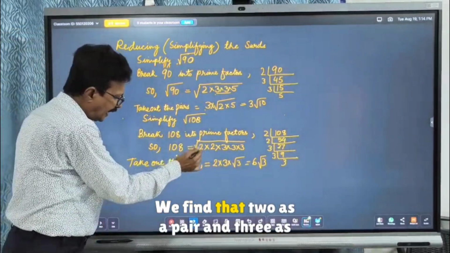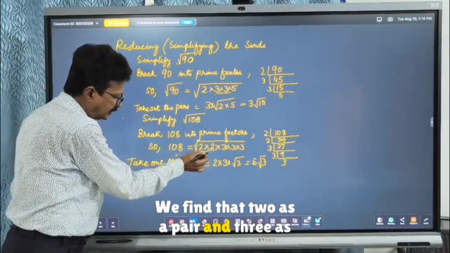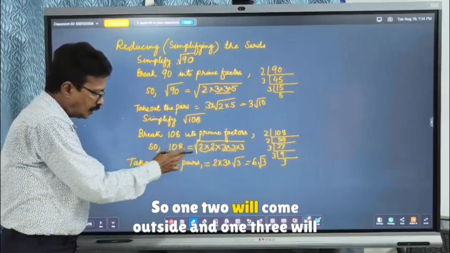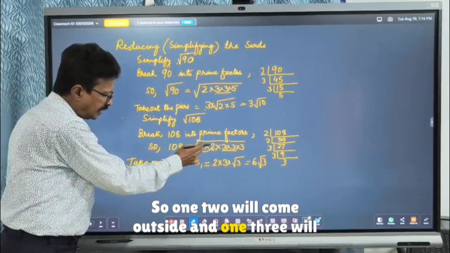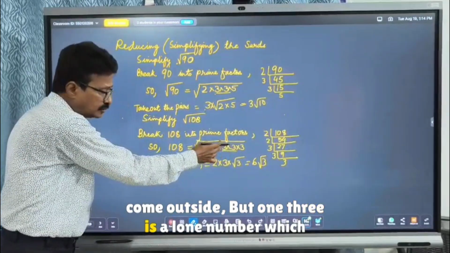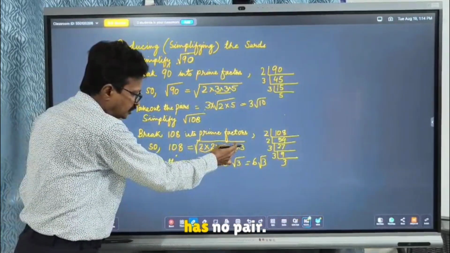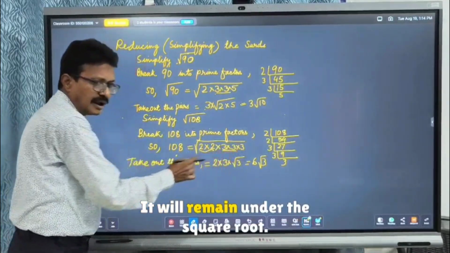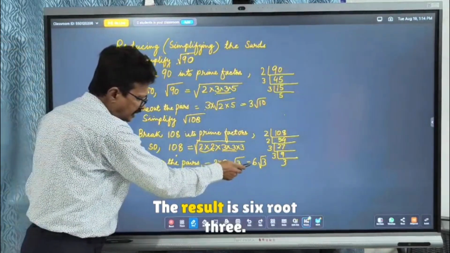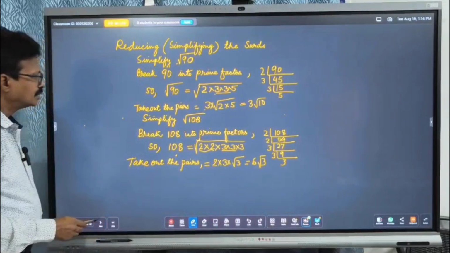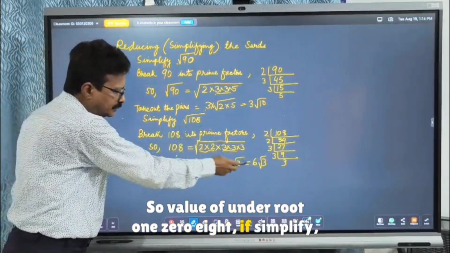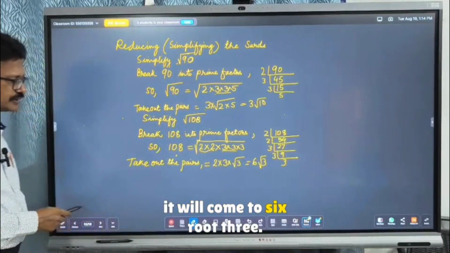We find that 2 has a pair and 3 has a pair. So one 2 will come outside and one 3 will come outside. But the other 3 is a lone number which has no pair, so it will remain under the square root. So the result is 6 root 3. So the value of root 108, if simplified, will come to 6 root 3.